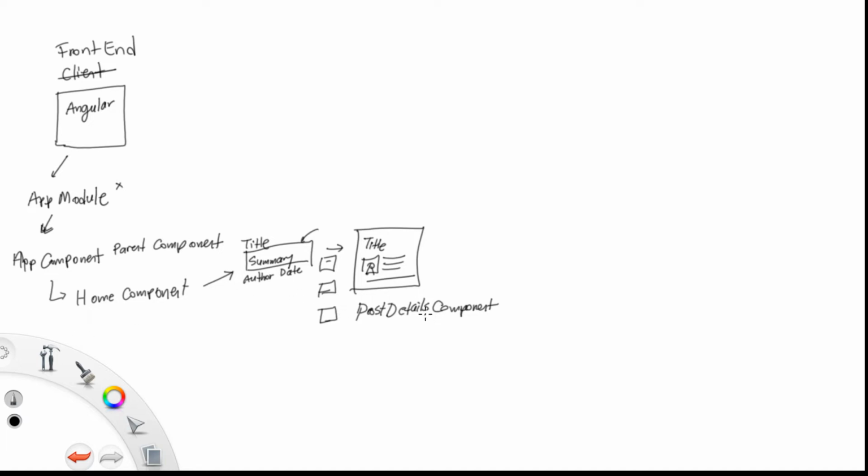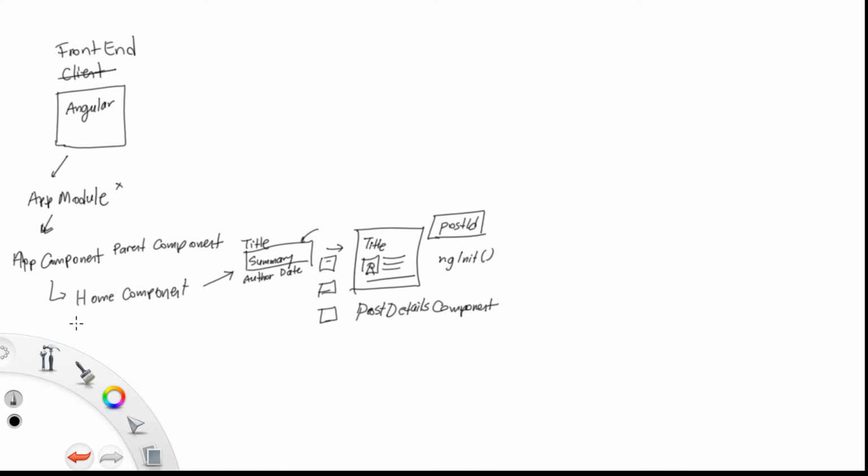So the post details component will make an AJAX request, right? In its ngOnInit function, of course you don't know any of these, it will make an HTTP request to the endpoint that I expose here, and get the content of it. So how is it gonna know which content to get? Of course, we will be passing the post ID, right? The post ID is the primary key that helps us fetch the appropriate content.